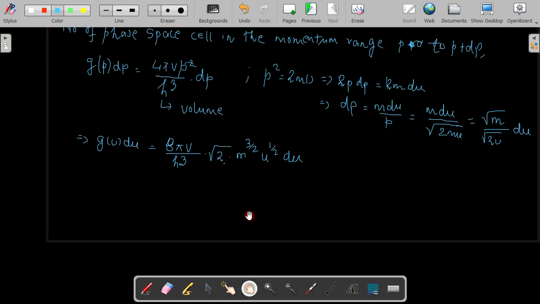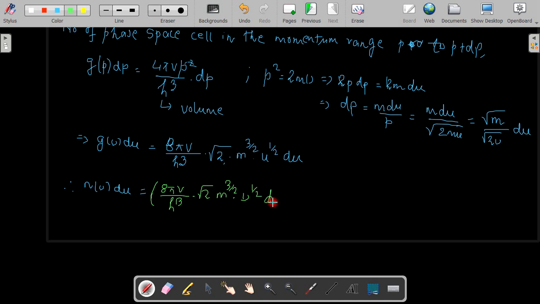So this is actually a very important result, because I told you about the connection with energy. n(u) du is equal to this result that we have: 8π V divided by h cubed, that is my g(u) du, into root 2 m to the power 3 by 2 into u to the power half.